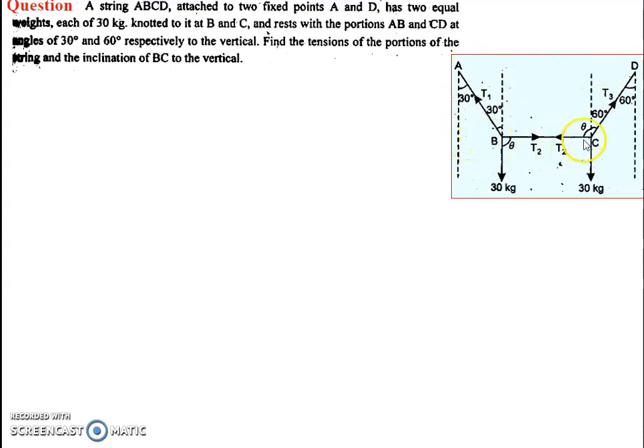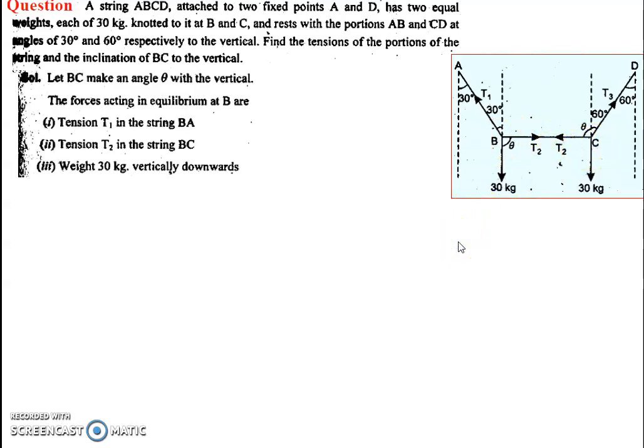Now at B and at C the system is in equilibrium. When the system is in equilibrium, the forces at B and at C are in equilibrium. Let BC make an angle theta; we want to find this angle theta.